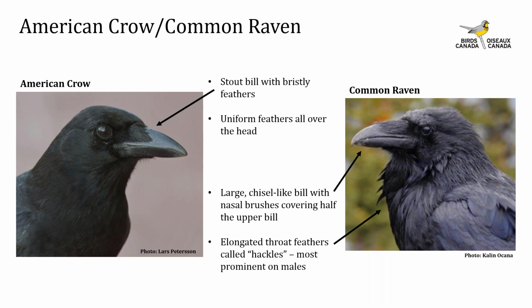Their throat has elongated feathers called hackles, and these are especially prominent on males when they erect the hackles during their dominance displays. Another way to tell the crow and the raven apart is their voices. The crow makes that distinct caw sound compared to a deeper croak of a raven.